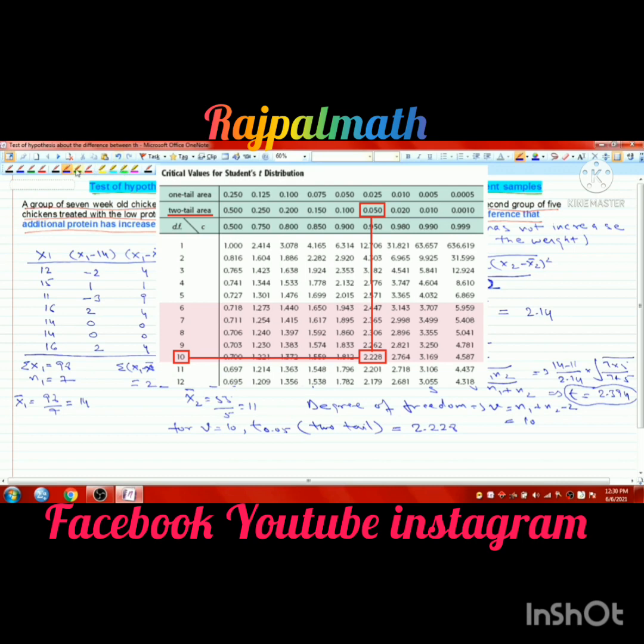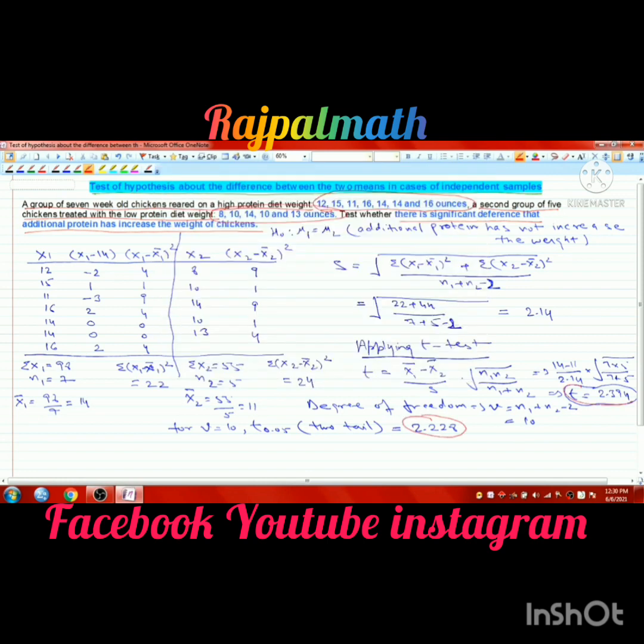So we have one calculated value and another table value. One is 2.394, another is 2.228, which means by comparing both values, the calculated value is greater than the table value.